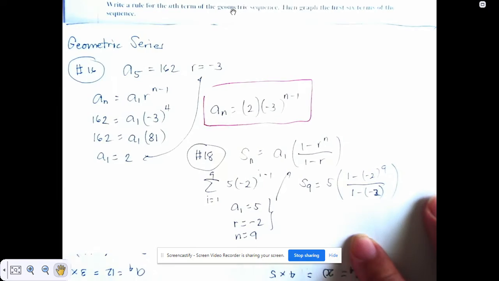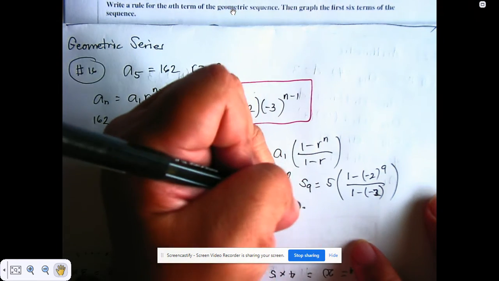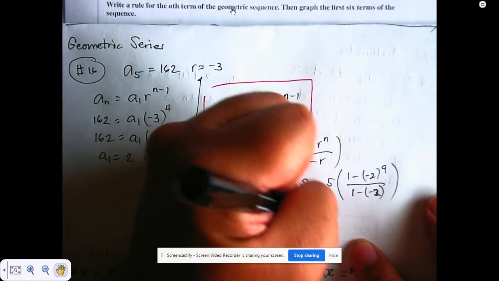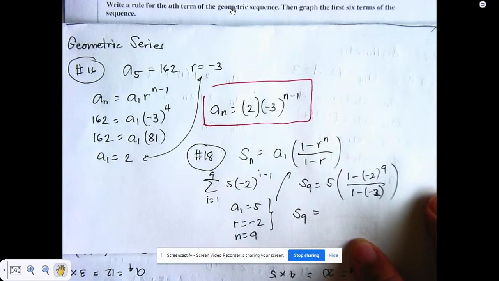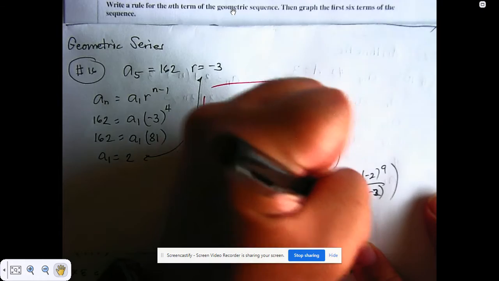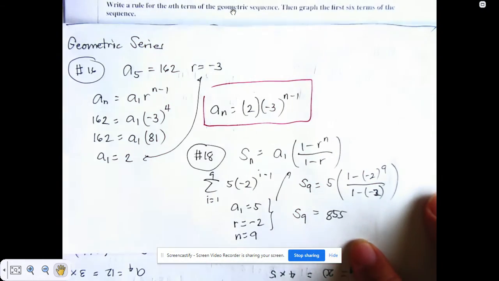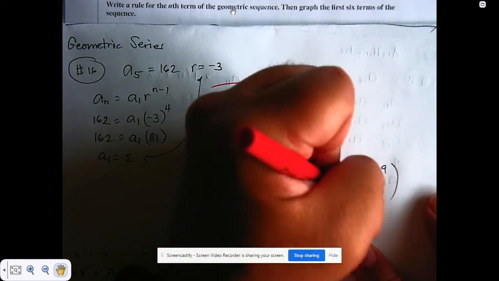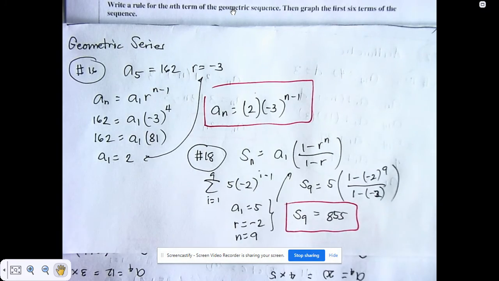Use the calculator here. You're going to have an answer of S sub 9 equal to 855. So that's geometric series.